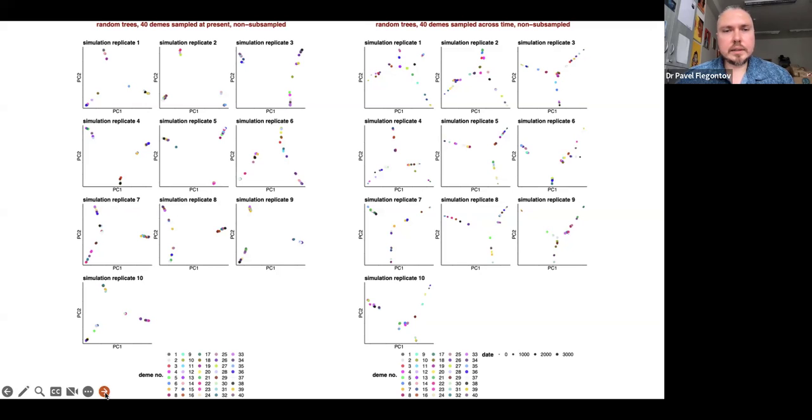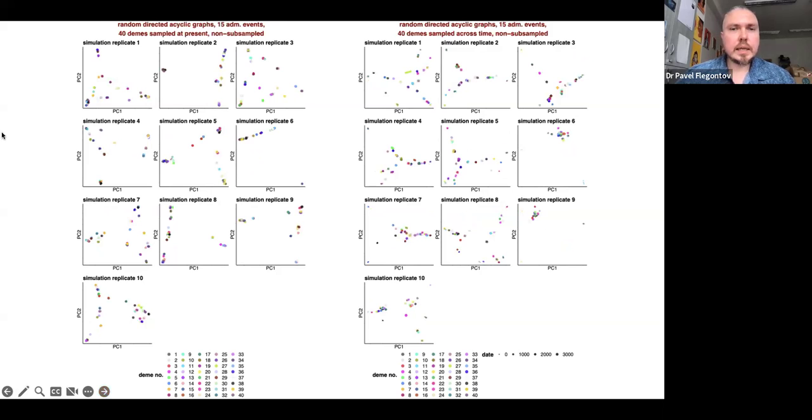But how should we interpret these patterns on real data? Let's now look at PCAs on directed acyclic graphs, so histories that are shaped as directed acyclic graphs, again with 40 branches sampled and 15 admixture events in that history.